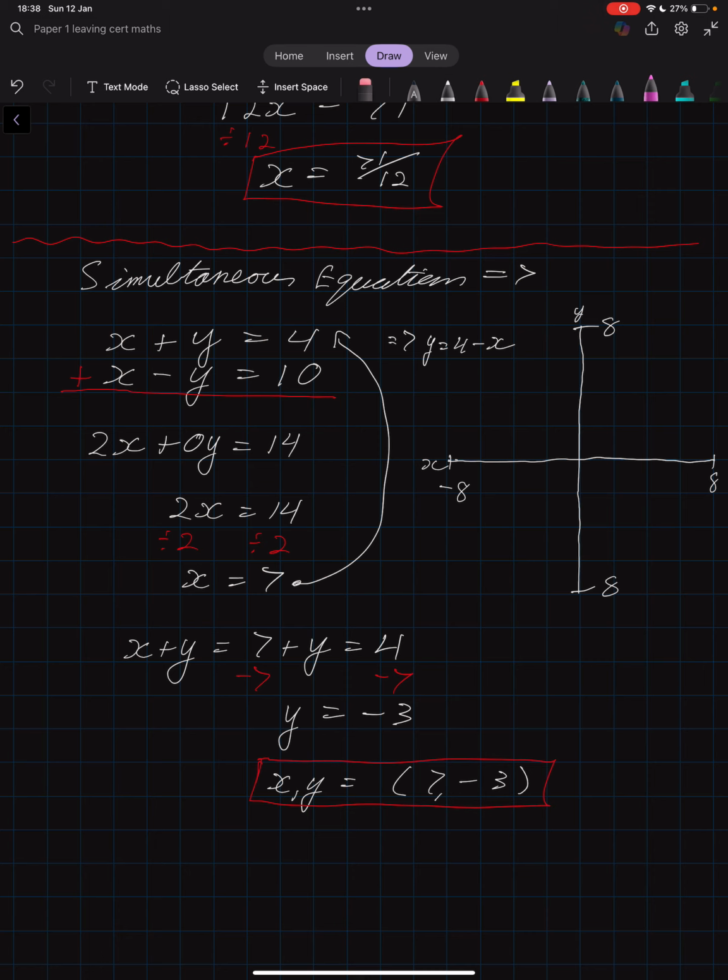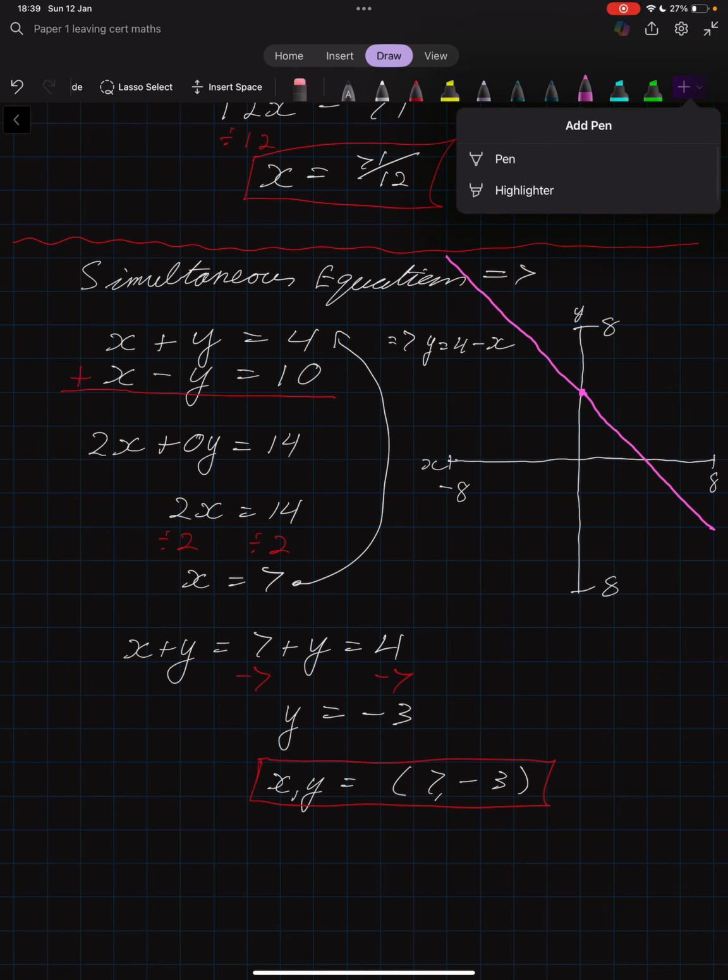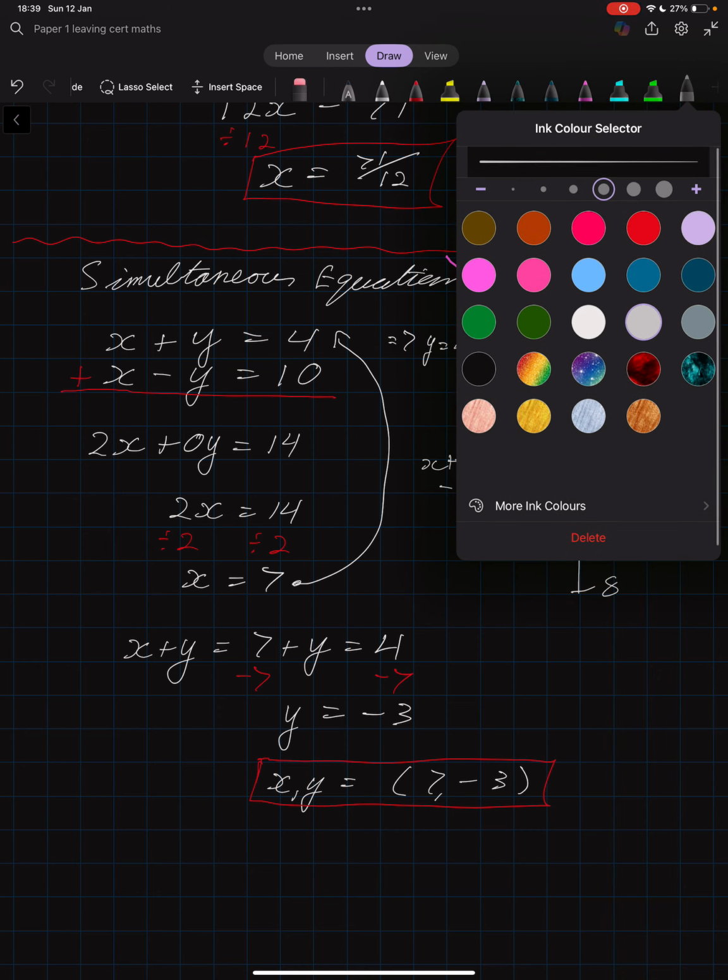Which means that is the line. Okay? I'll get a new colour. One that you'll probably be able to see. I think you'll probably be able to see this.